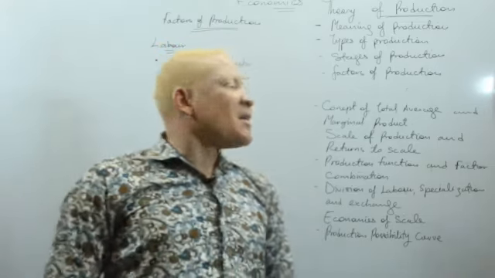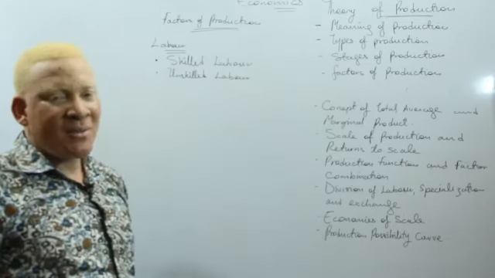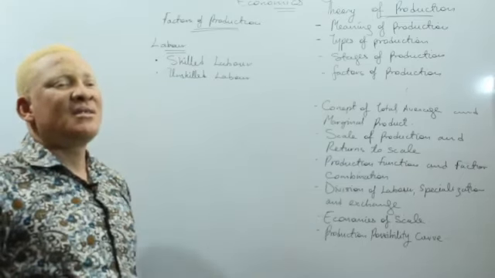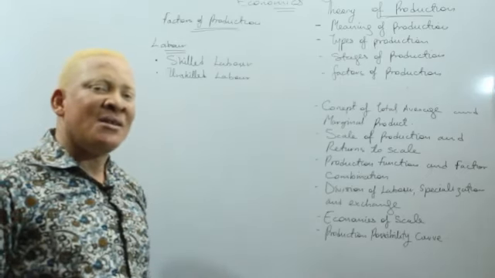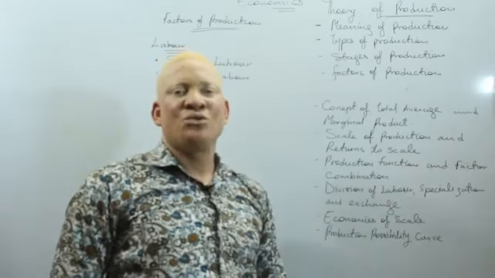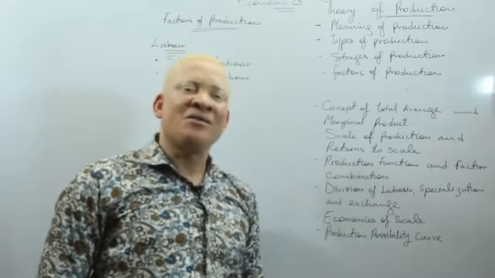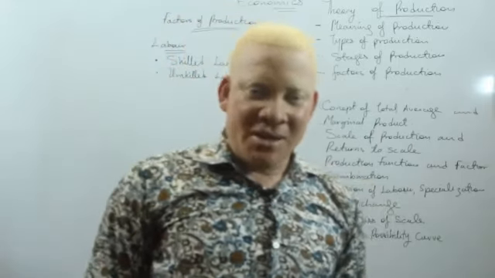Now, that leads us to the second one, which is referred to as unskilled labor. Unskilled labor is a type of labor in which the skill requires little or no training to acquire, and it involves a higher physical effort of man than mental.